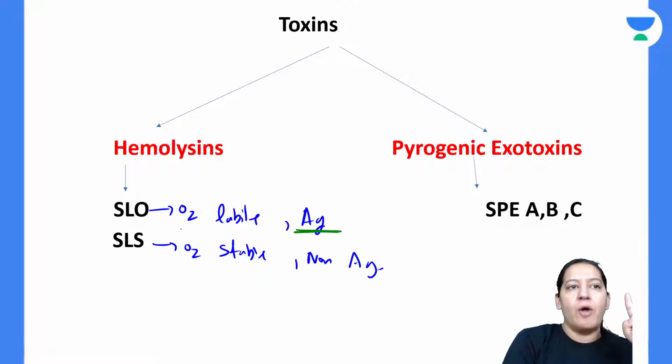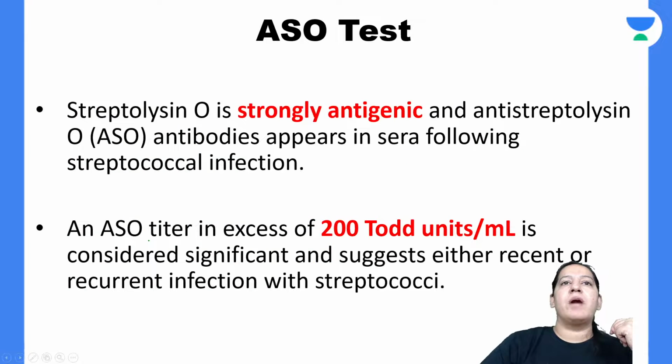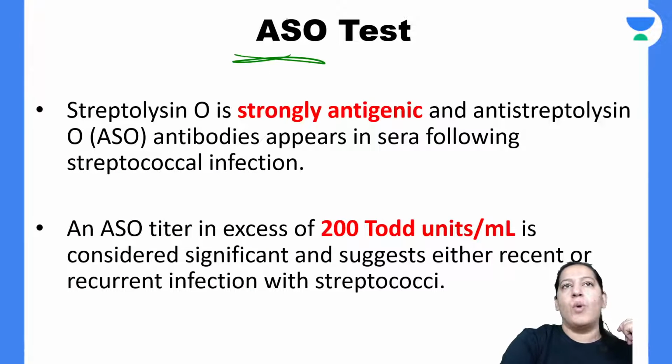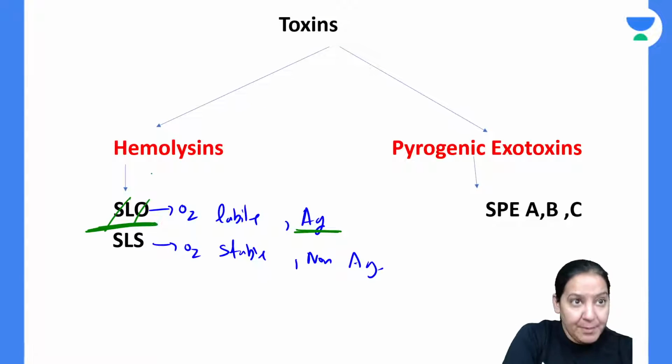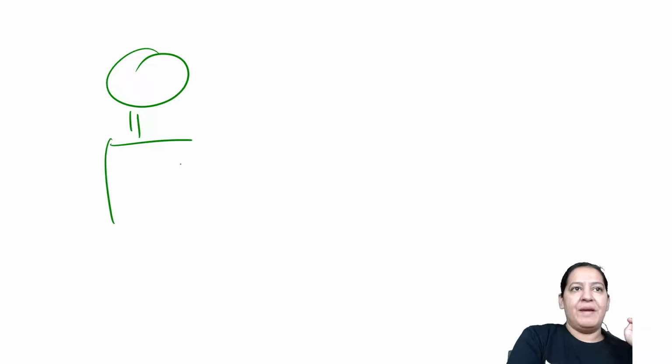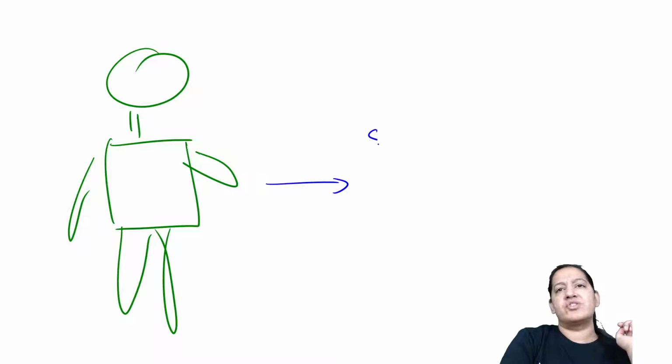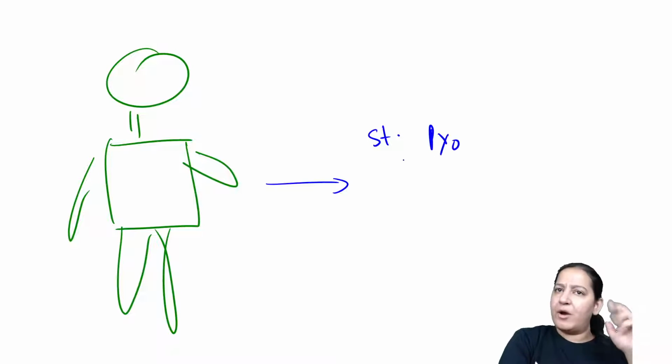So antibodies are formed against this one. What's the name of the antibody? The name of the antibody which is formed against this one is ASO, anti-streptolysin O. This is streptolysin O, so the antibody formed against this is anti-streptolysin O. Imagine in my clinic there is a patient having some complaint. I suspect the patient has an infection of Streptococcus pyogenes because of the toxin.